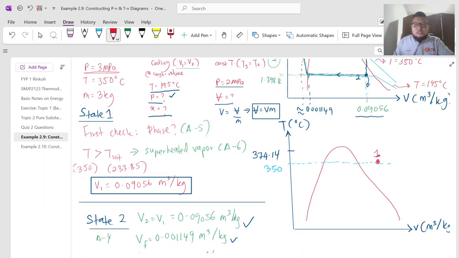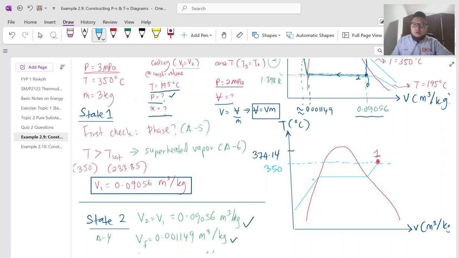Because it is in a superheated vapor state, it's not going to have the saturated temperature of 350, but something lower than that. So like that, and then like that. This is how a TV diagram looks like.